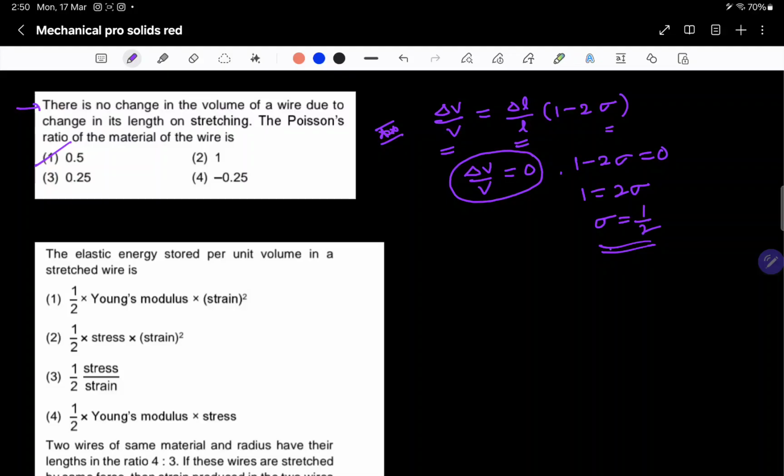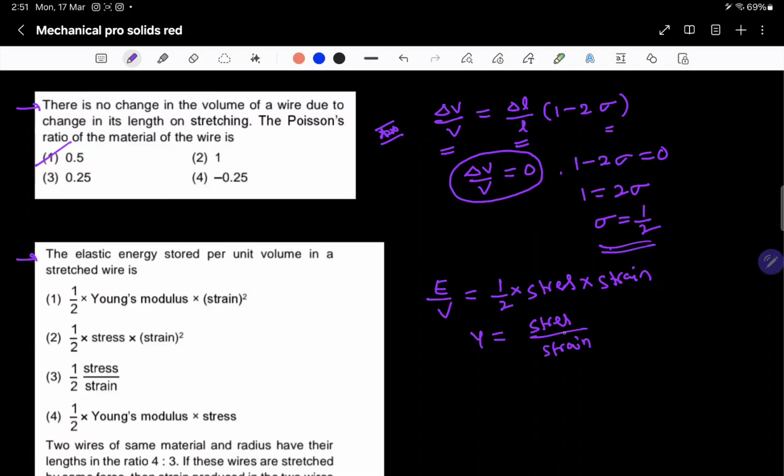Yes. The second question, I told you strain energy related questions are also important. Second question: elastic energy stored per unit volume. Energy stored per unit volume is half into stress into strain, students. I think you know the formula, many students know it very well. But it is not given directly here; it is given in terms of Young's modulus. You know Young's modulus Y equal to stress by strain.